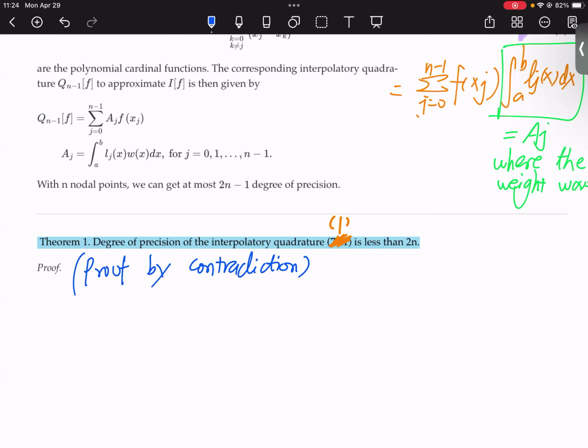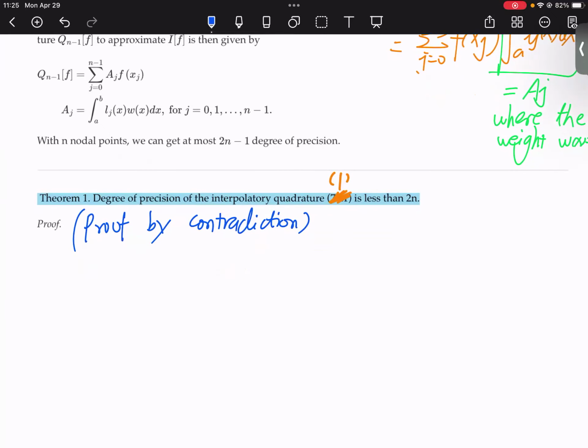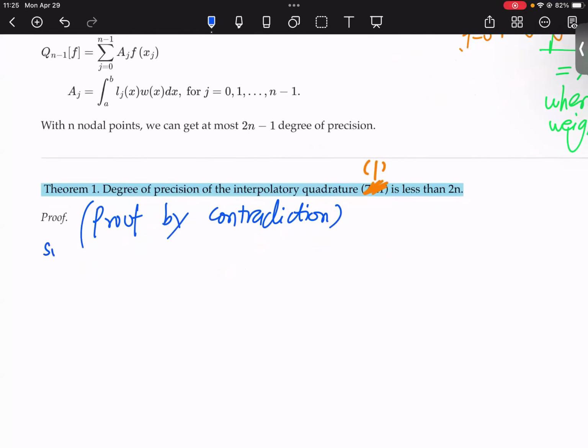So assume this is not true, then the degree of precision is equal to or greater than 2n. Let's make some assumptions here.